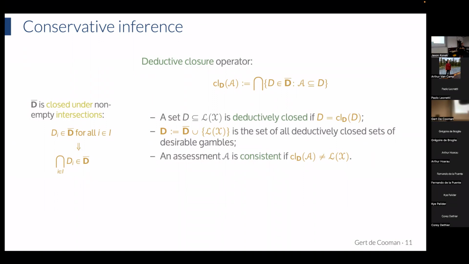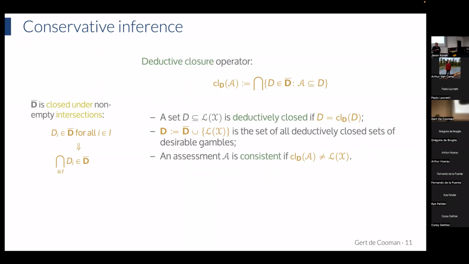So the question was, if you put as A the set of all gambles, this set is empty, and the intersection is then again the space of all gambles. And that means that your assessment was inconsistent.